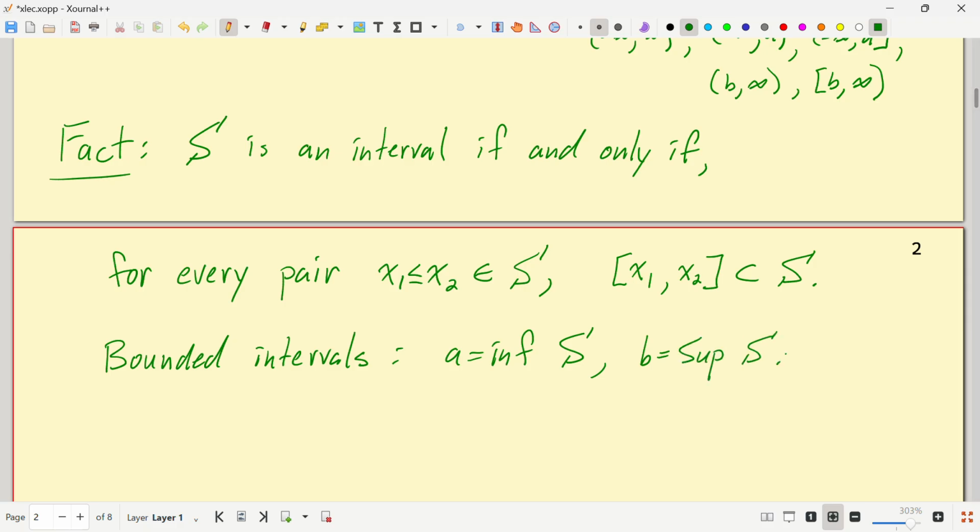And the inf and the sup are either in or out. And so then you get all those possible cases above there of the endpoints are either in or out. And when you go through all those cases, you basically prove this fact. Anyway, I don't want to make a big deal out of that proof.